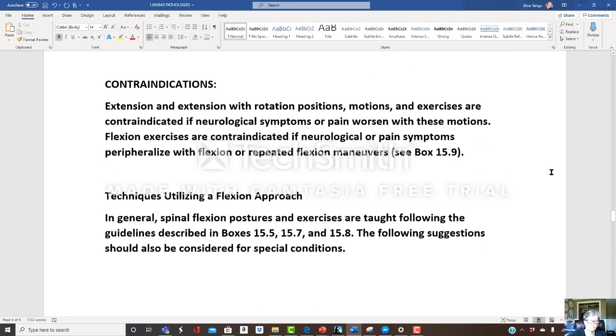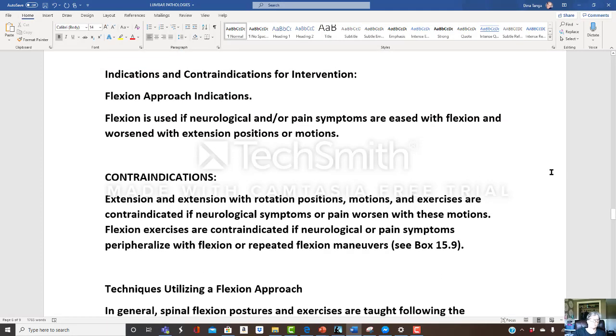Indications and contraindications for intervention. Flexion approach indications. Flexion is used if neurological and/or pain symptoms are eased with flexion and worsened with extension positions or motions. Contraindications. Extension with rotation positions, motions, and exercises are contraindicated if neurological symptoms or pain worsen with these motions.